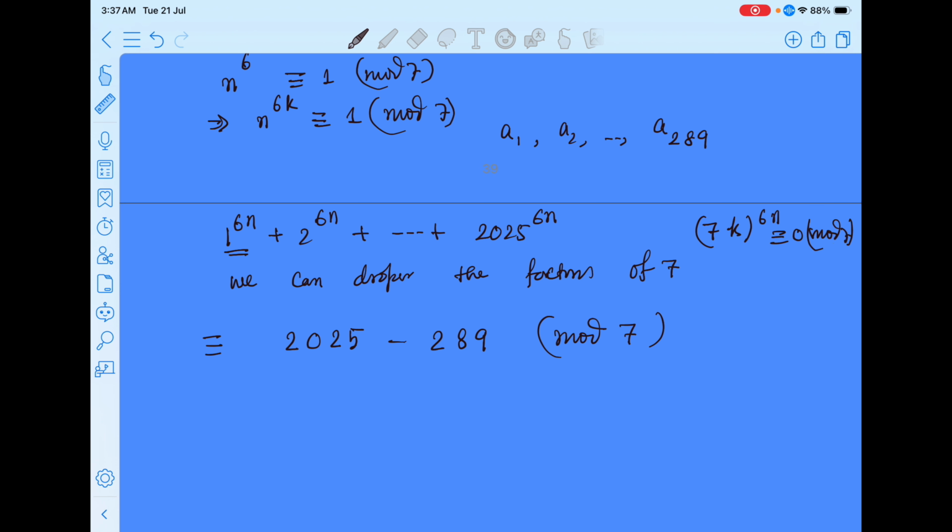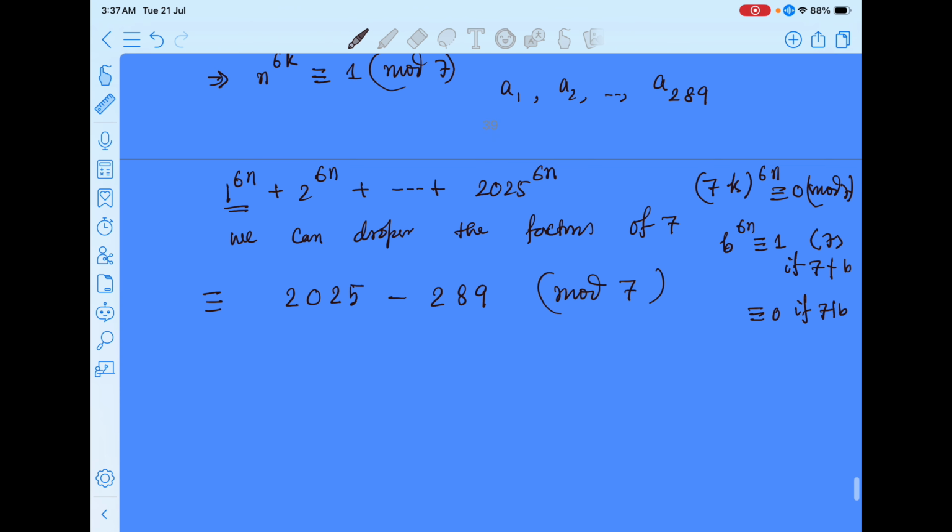We have to drop this. So the point is that b to the power 6n is congruent to 1 mod 7 if 7 does not divide b, and congruent to 0 if 7 divides b, right? So that is why we have this.